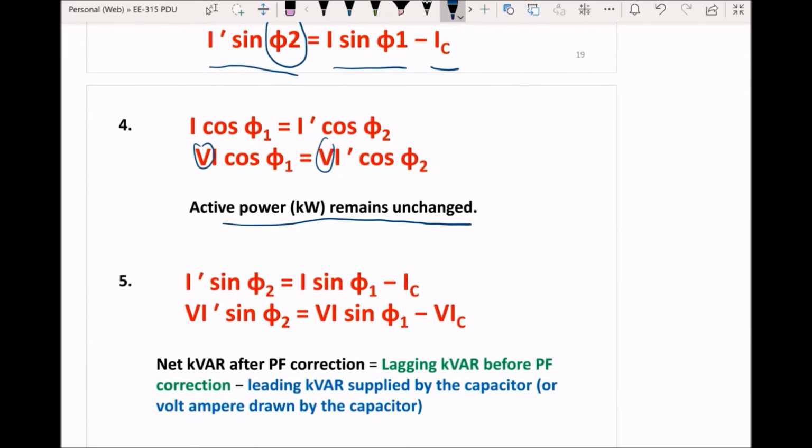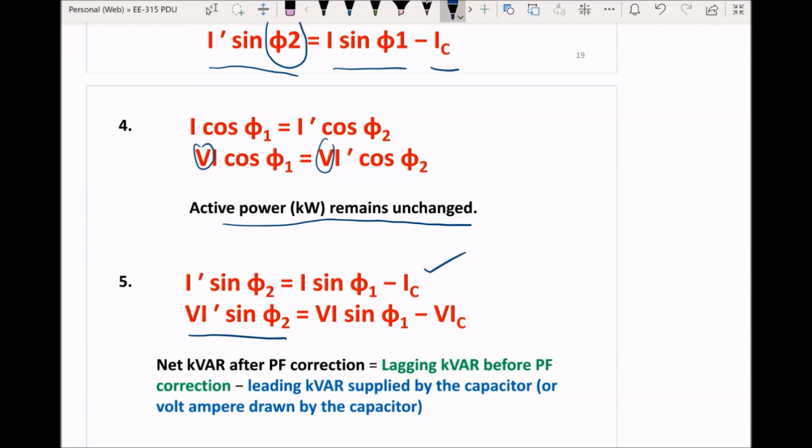Similarly, from point 3, where we found this expression, if we multiply the voltage on both sides, it will give us the expression for the total reactive power after the power factor correction.